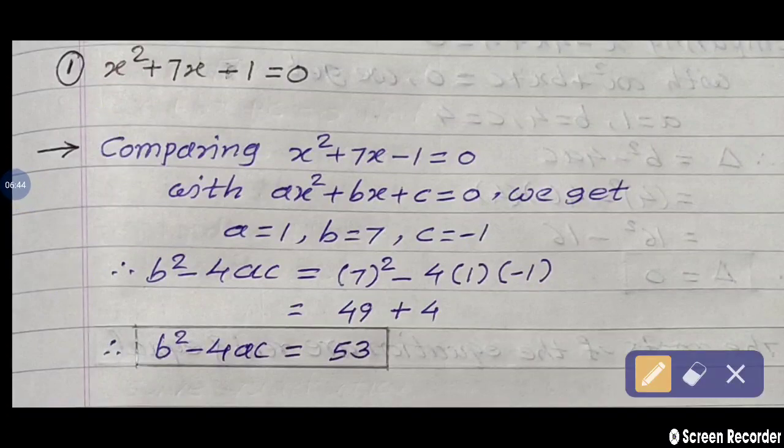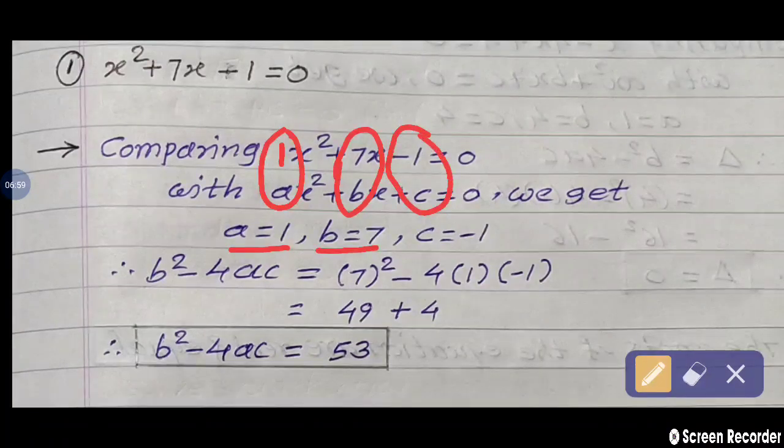The coefficient of x square, nothing is written, means 1. So the value of a is 1. The coefficient of x, that is the value of b, is plus 7. And the value of c, that is the constant, is minus 1.